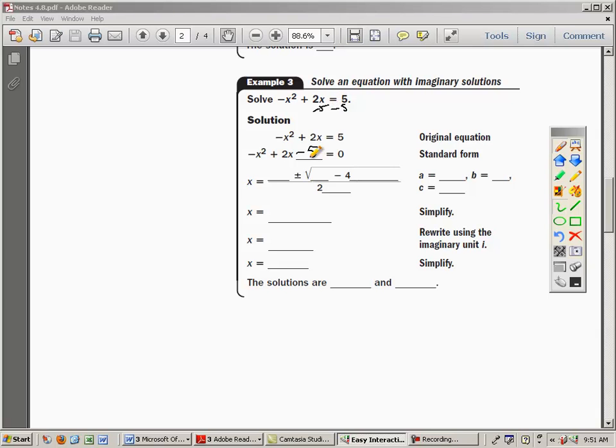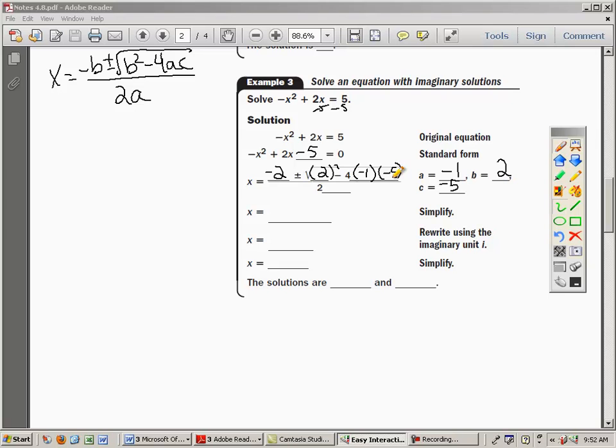And so in this case, a is negative 1, b is 2, and c is negative 5. x equals opposite b plus or minus the square root of b squared minus 4ac, all over 2a. All right, let's plug them in. Opposite b is opposite 2 plus or minus the square root of 2 squared minus 4 times a times c.